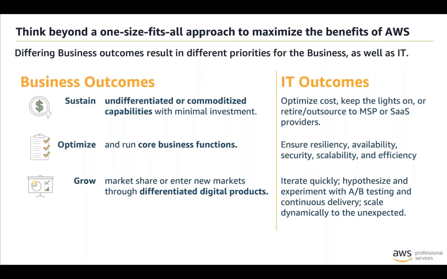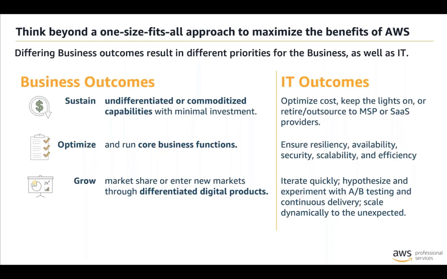Number two, optimize. These are the current core areas of the business as it exists today, providing or supporting significant revenue. Any disruption significantly impacts core business operations, making investments in resiliency, availability, security, scalability, and performance mandatory. Number three, grow.